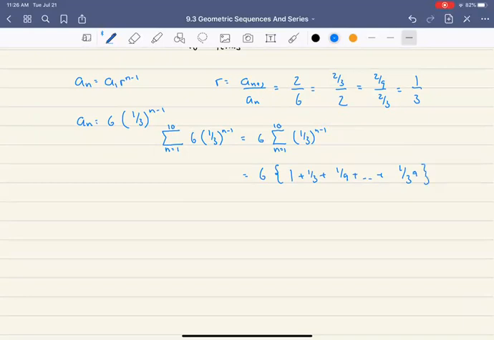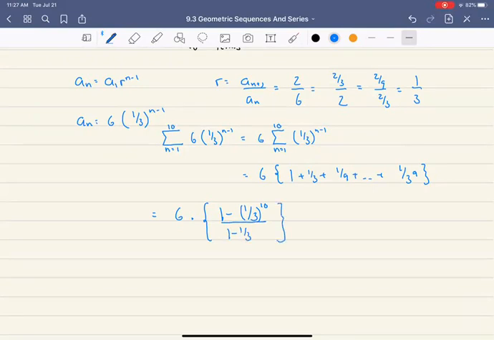So this is a geometric series with ratio 1/3. So we're going to get 6 times 1 minus 1/3 to the 10th over 1 minus 1/3.